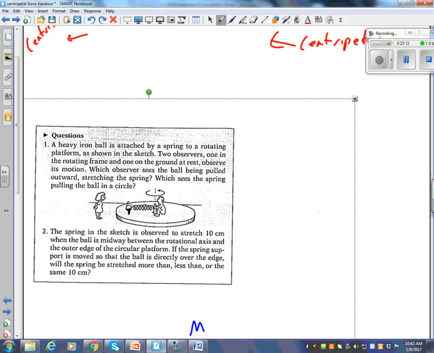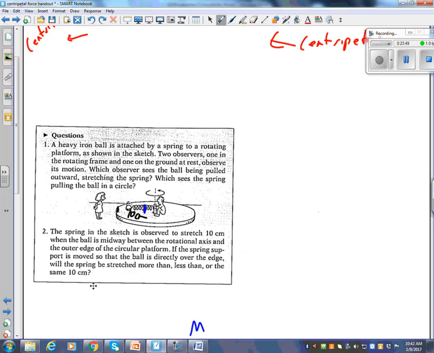So if you put the ball there, the spring will stretch 10 centimeters. If the spring support is moved so the ball is directly over the edge, so now we move that blue post, which moves the ball, just to the edge, and it's not attached in the middle anymore, will the spring be stretched more than, less than, or the same 10 centimeters?